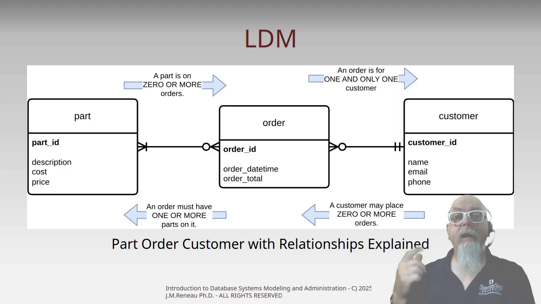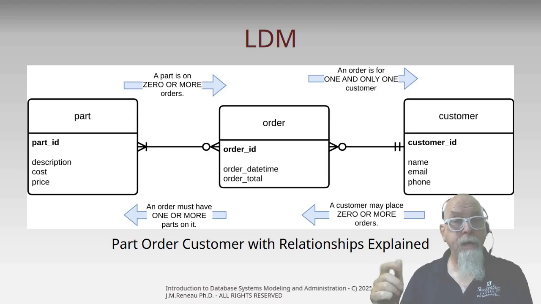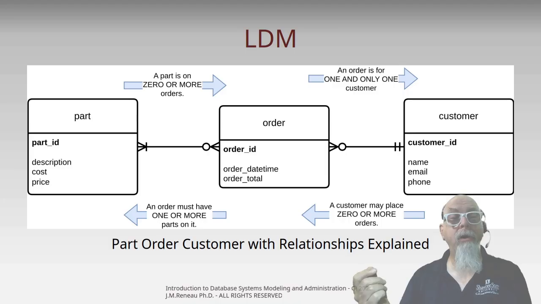We've got the customer entity, we've got the order entity, and we've got the part entity. We've got identifiers, our unique identifiers, our primary key defined for customer ID. Our order contains an order ID, and our part table, part entity, contains a part ID.